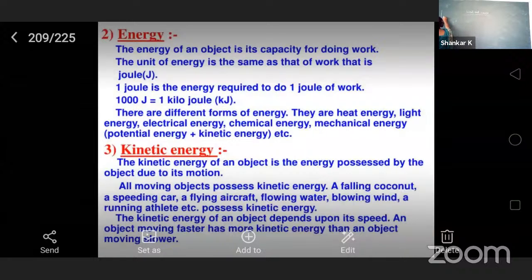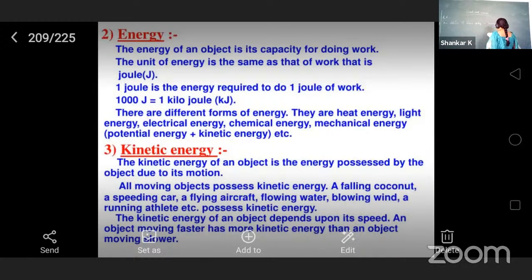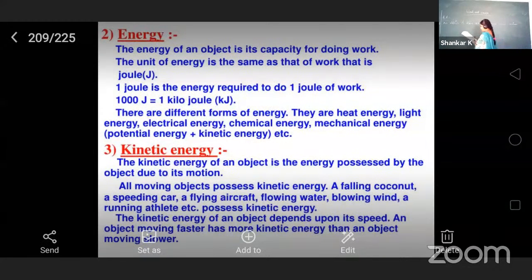An object of mass 15 kg is moving with a uniform velocity of 4 meters per second.